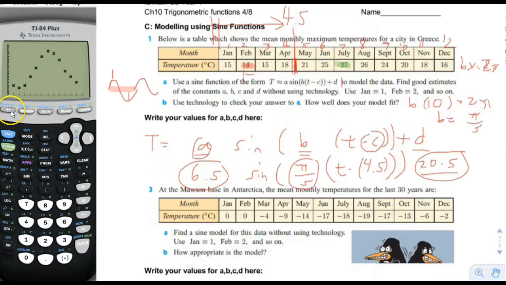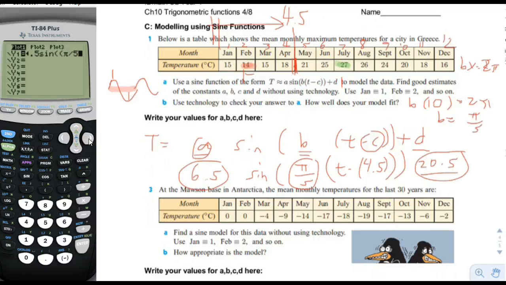And now we're going to go to y equals, and we're going to put in the function that we invented here. We're going to put 6.5, because it looked like it was about an amplitude of 6.5. And then we're going to multiply that times a sine. And then we're going to put in there pi divided by 5, and I should put that in parentheses because I want to divide the pi.